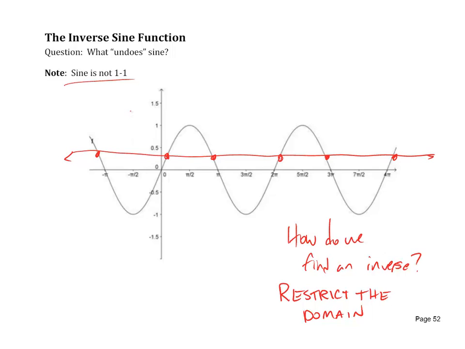What I'm going to do is cut this function off right here and right here, and only look at this part of the curve right here. If I only consider the highlighted region, it's one-to-one. Right? So inverse sine is going to be defined over this interval instead of over the entire real number set.